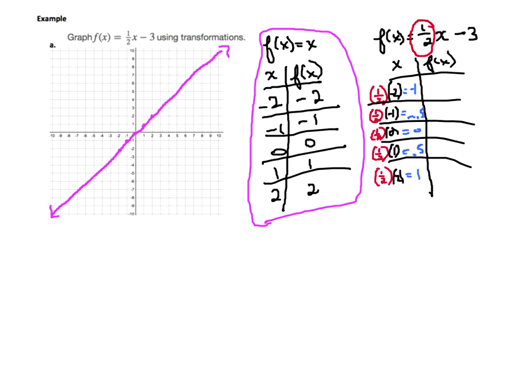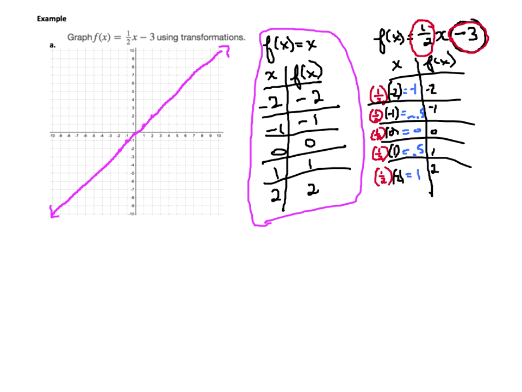My new y values shift down 3. So I start with my y values from my toolkit, -2, -1, 0, 1, and 2.